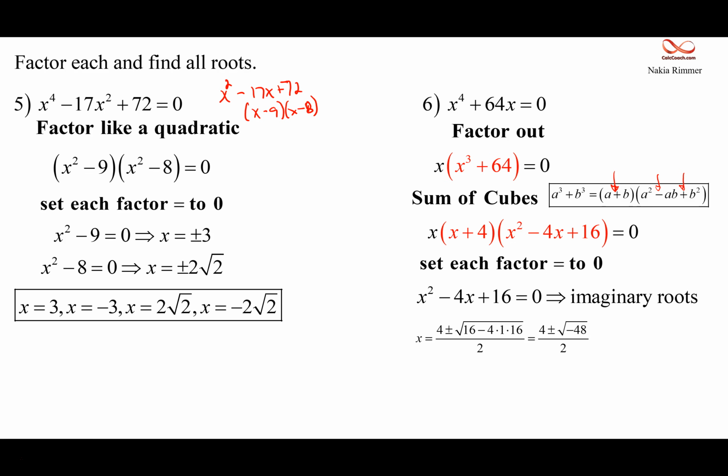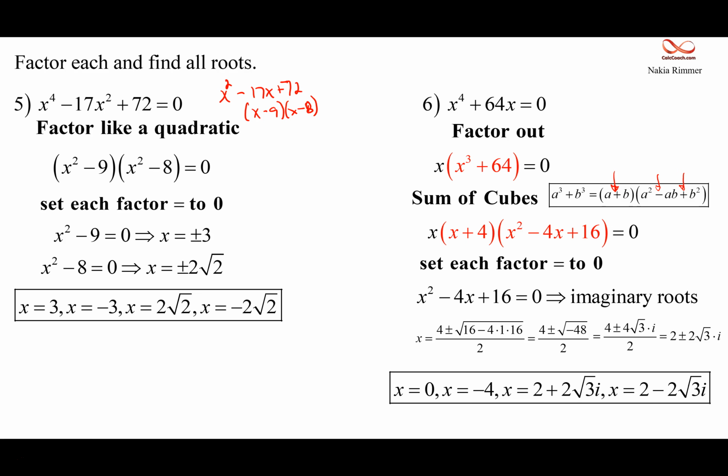And it's all divided by 2a, where a is 1. 48 is 16 times 3. And so you're going to bring out the 4 and still have a radical 3. And then you're going to divide each by that 2. And so you get 2 plus or minus 2 radical 3i, along with the other roots, 0 and -4.